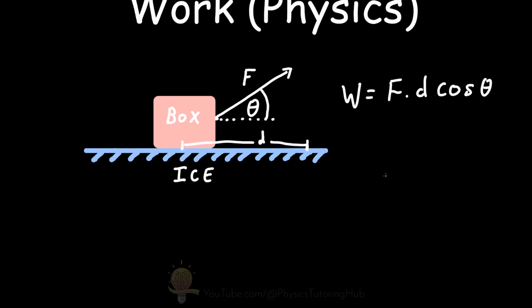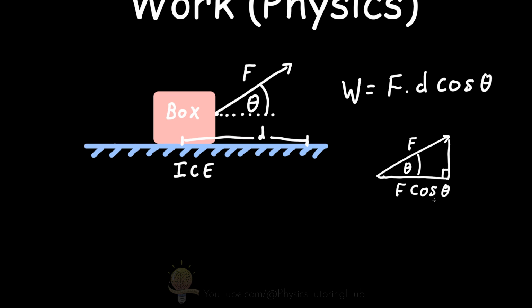If we draw a triangle, the adjacent side here is the horizontal component of the force that we're interested in, and that's F cosine theta.